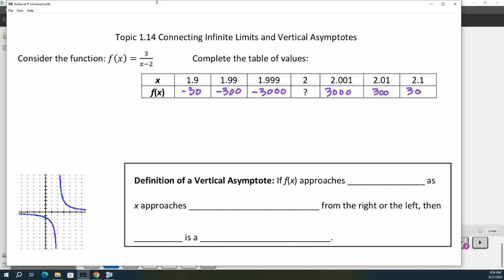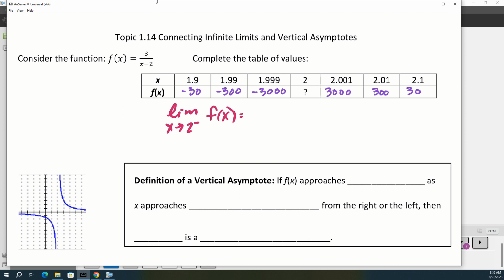Now what we're going to do today is find some limits that are going to be equal to infinity or negative infinity. Technically, a limit doesn't exist at infinity, if it is infinity, but we can use infinity and negative infinity to describe what's going on the graph, and that's really what limits do, is describe what's going on the graph.